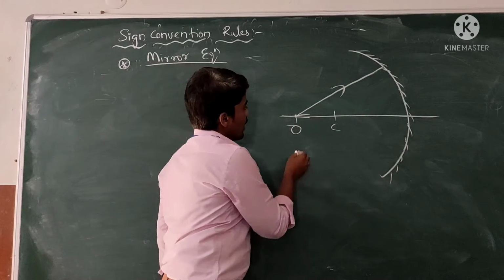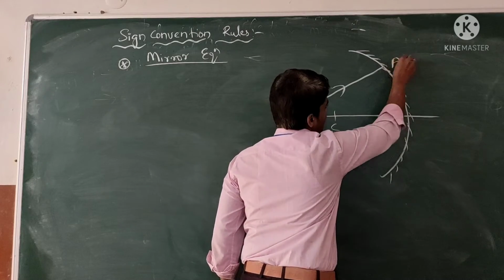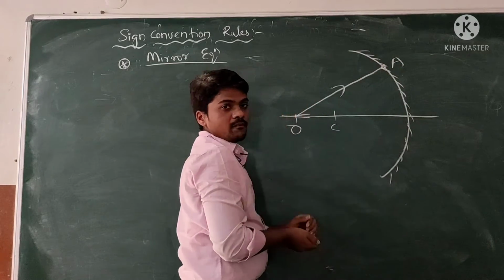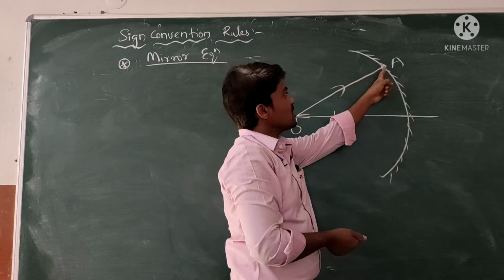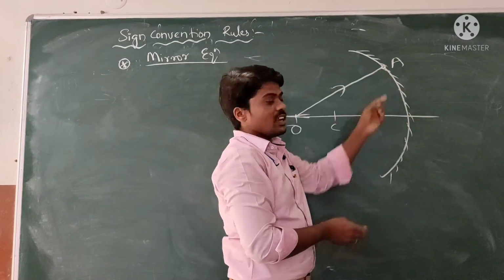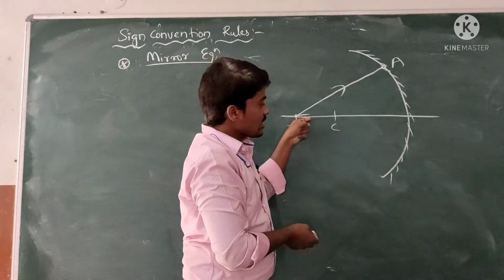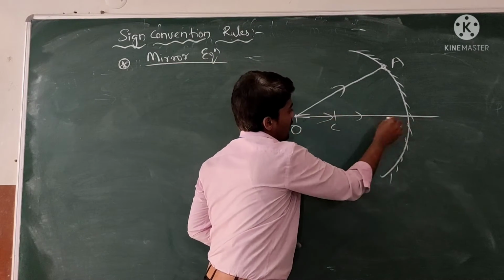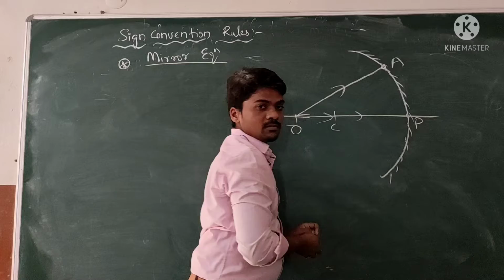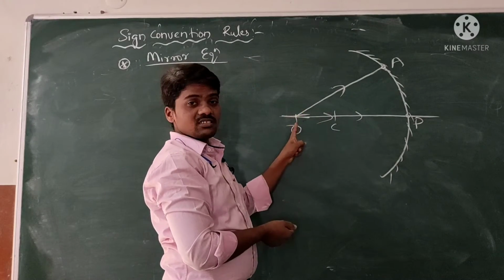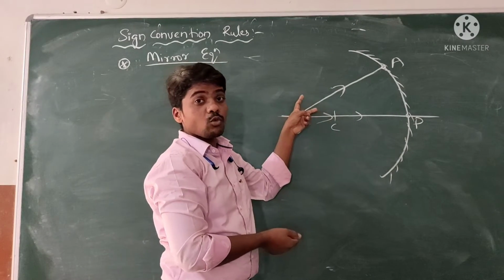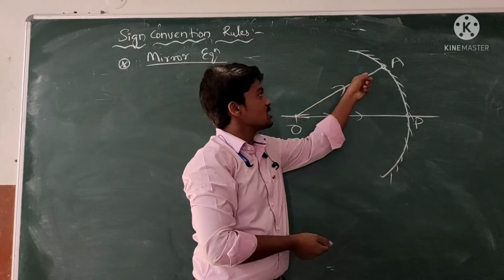I am also taking a point A. This is the incident ray, incident at point A. It will be reflected. I am also taking another incident ray passing through the center of curvature. Here we are taking a point-sized object and two incident rays. The first one is this one.